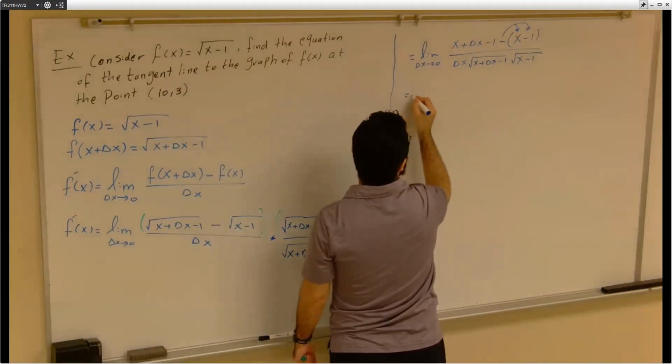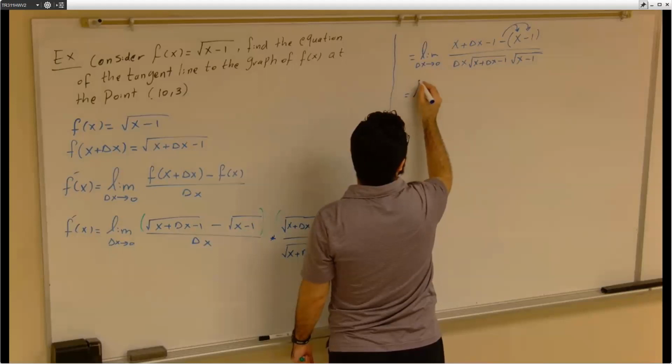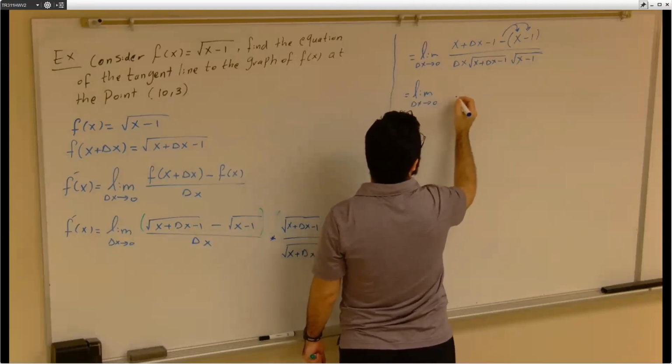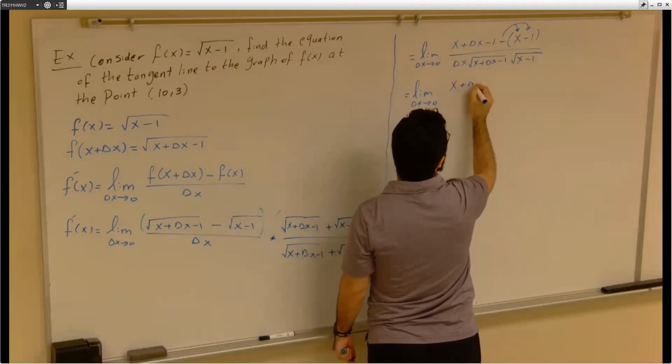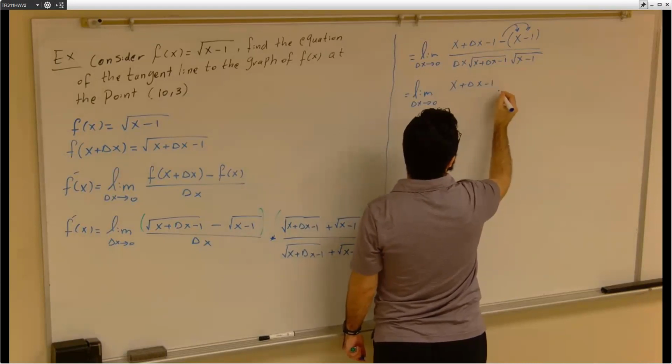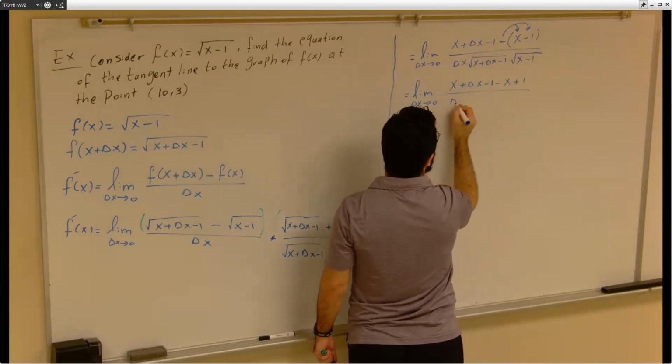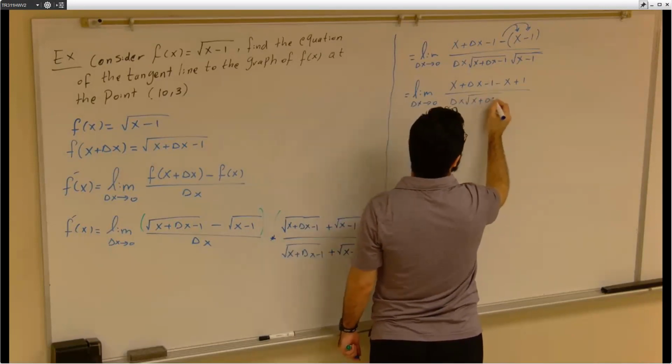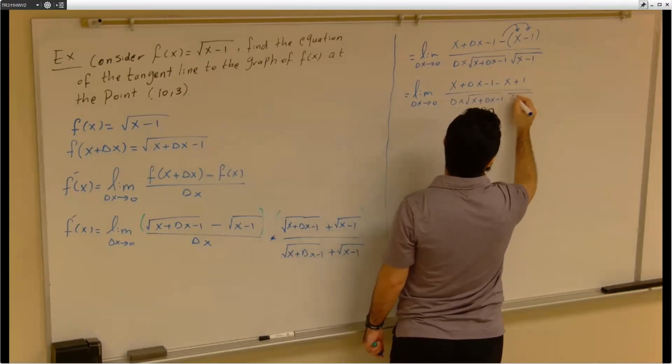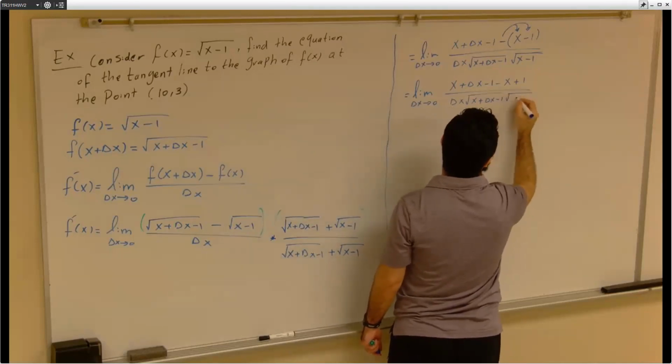So it's going to be equal to the limit as delta x approaches 0 of x plus delta x minus 1 minus x plus 1, divided by delta x times square root of x plus delta x minus 1 times x minus 1. There is a sign here.